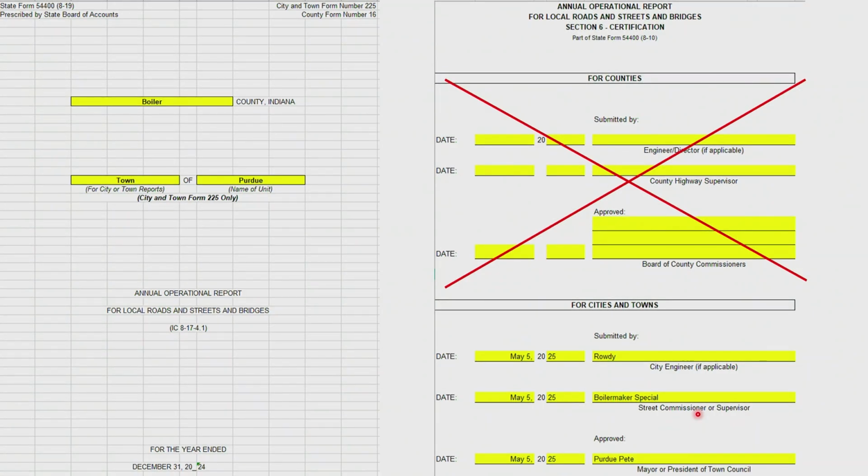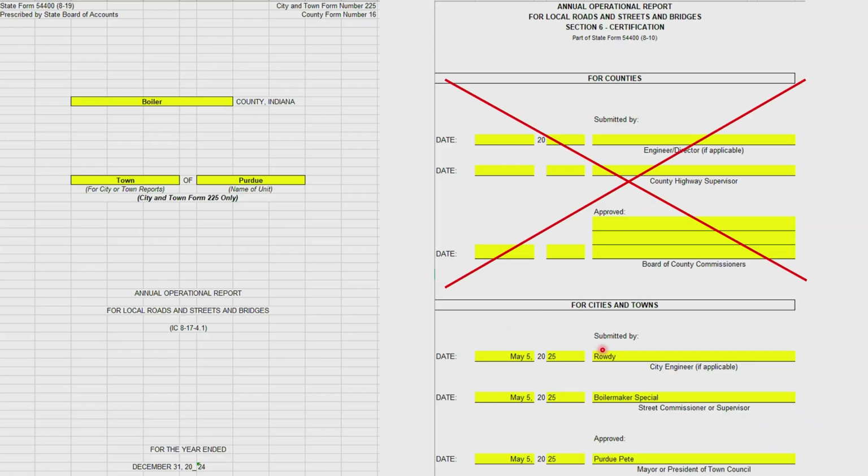And then on the cover sheet and certification, what you do obviously is put in the name of your town, of Purdue, Boiler County. And then on the certification side of things, if you look in the instructions tab, what you're doing is submitting to us the Excel document. So it's hard to sign an Excel document.